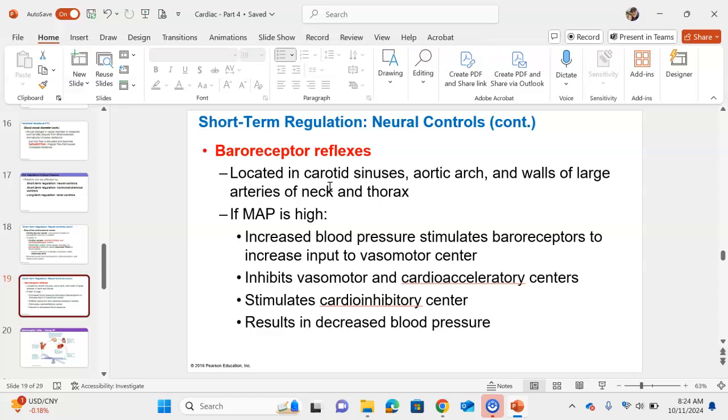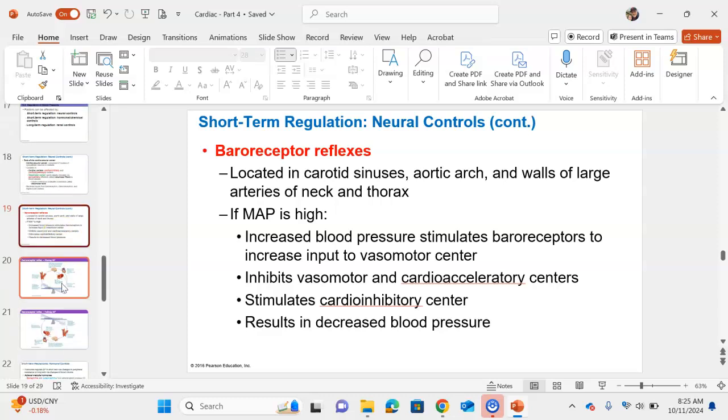So if our blood pressure drops rapidly, that's going to initiate a baroreceptor reflex that will raise blood pressure. If our blood pressure all of a sudden spikes, that's going to initiate a different baroreceptor reflex that will lower blood pressure back down to a normal range. So whether your blood pressure goes up or down, it's going to initiate this reflex that will help return our blood pressure back to a normal, safe range.